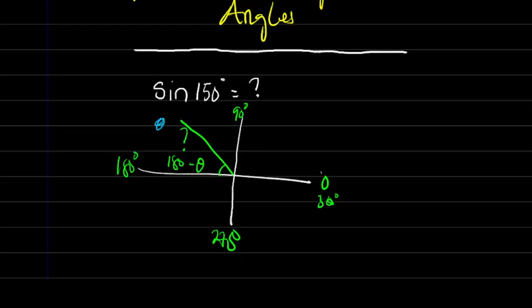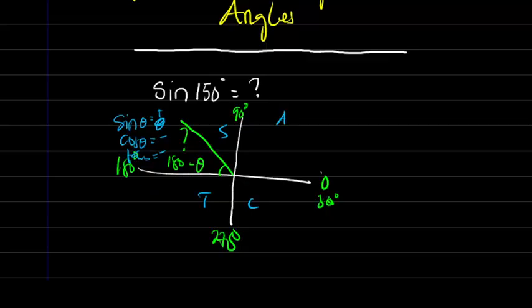So is it positive or negative? It is positive, because sine theta is positive here. Don't forget, all students take calc. So sine is positive in the second quadrant, while cos is negative and tan is negative. This kind of question comes out in JAMB and WAEC as well.